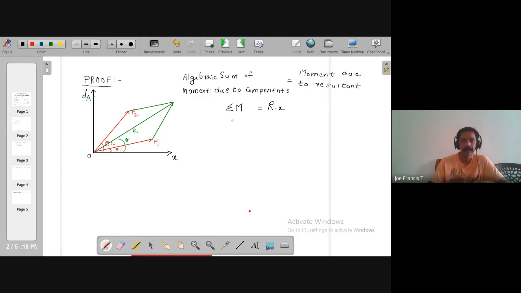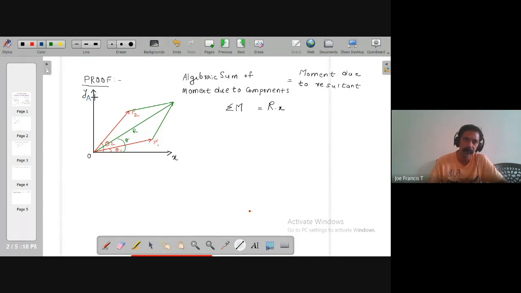So in this particular case, we have selected a point A here, right? So if we consider the moments, if I take the moments, if you take the first force F1, how will you take moment due to F1?